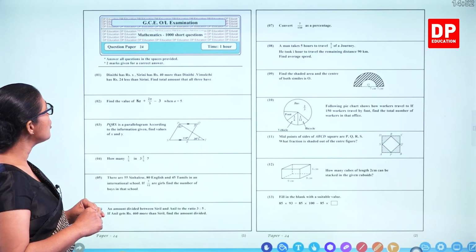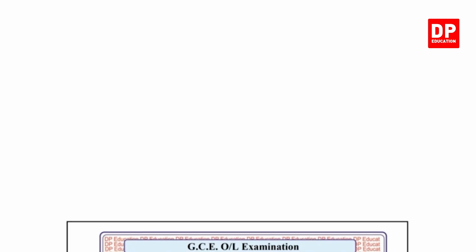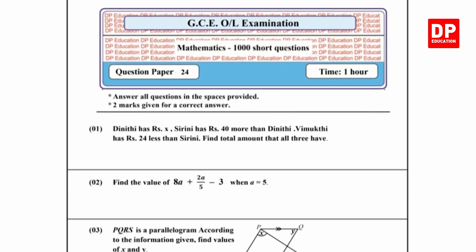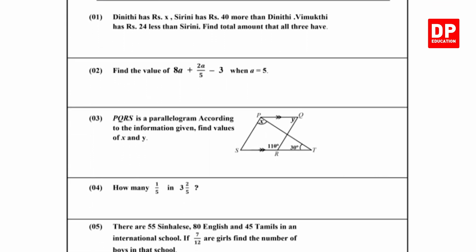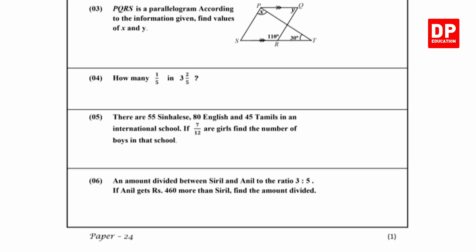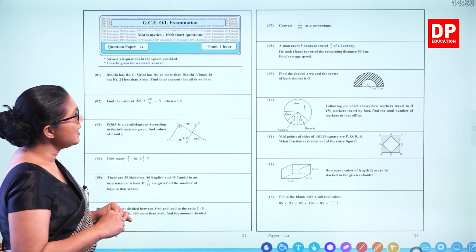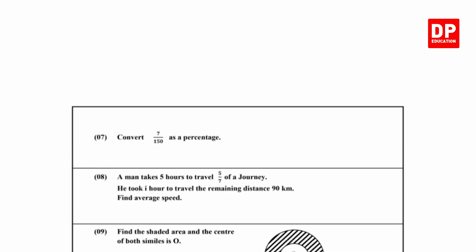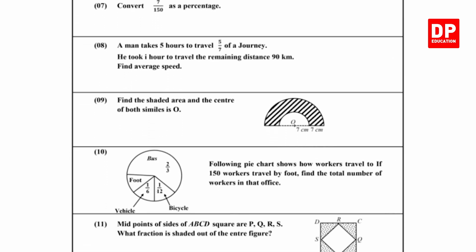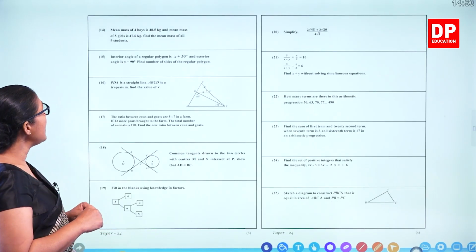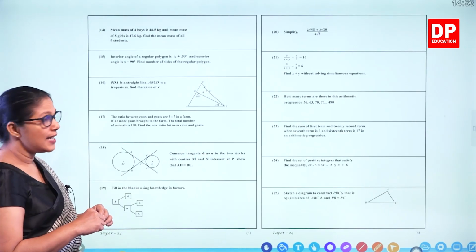On the first page you get question numbers 1 to 6. On page 2 you get question numbers 7 to 13. On page 3, question numbers 14 to 19.